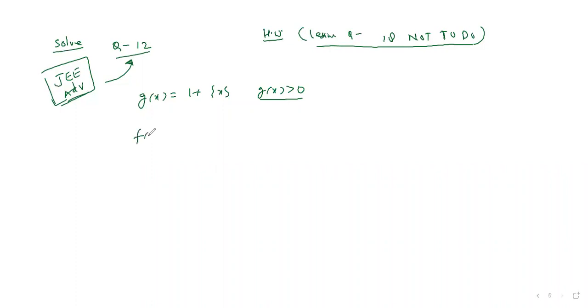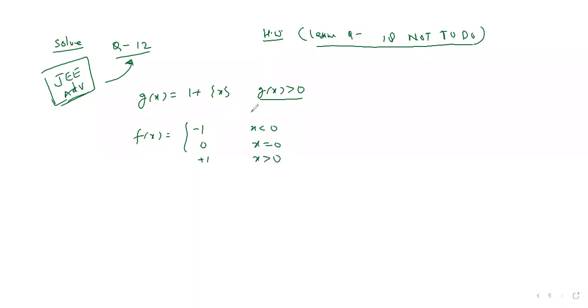What is f(x)? f(x) is -1 if x is less than 0, it is 0 if x is 0, and it is 1 if x is greater than 0.